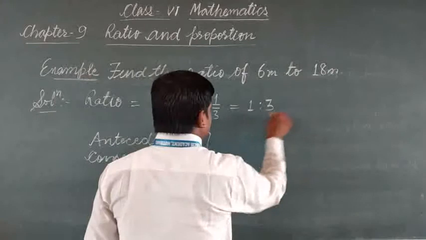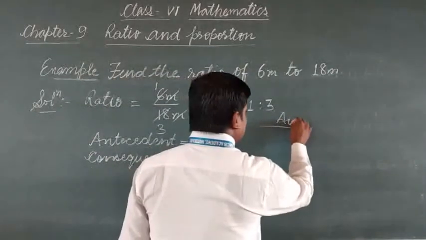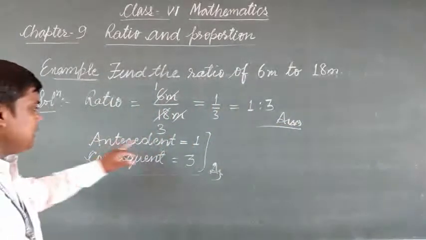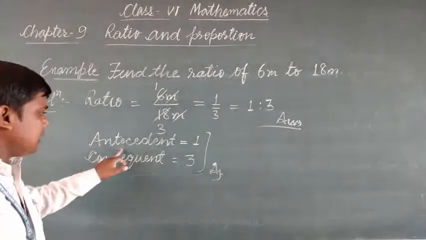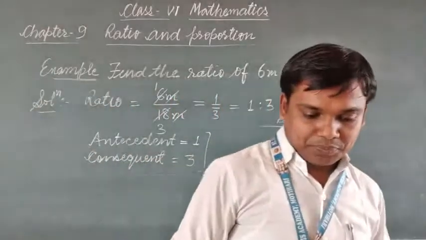This is the answer. If the question also says find the antecedent and consequent, you can write the antecedent and consequent of the ratio.